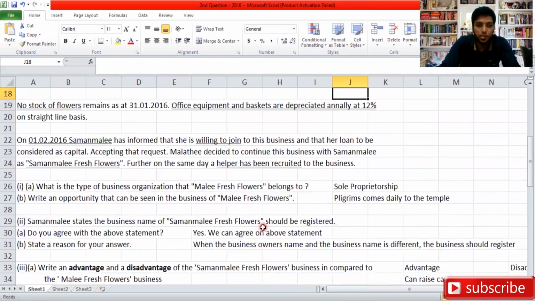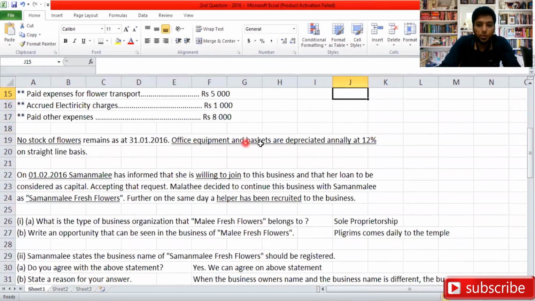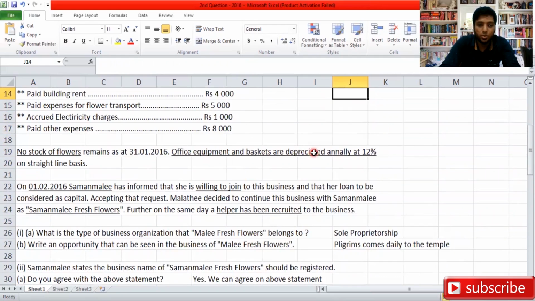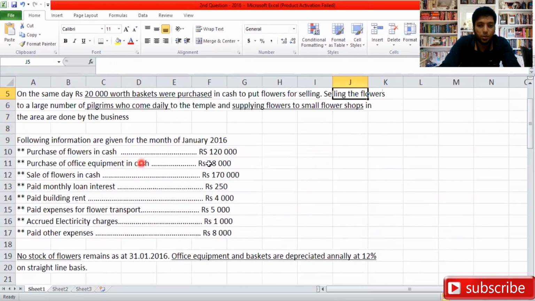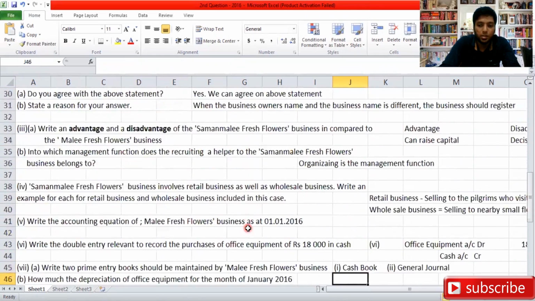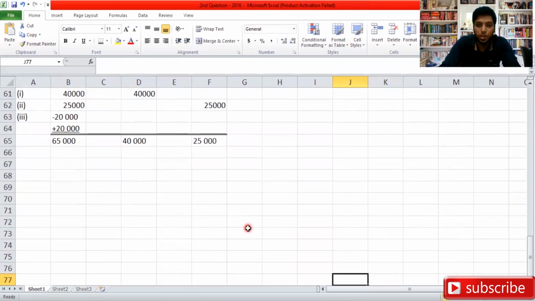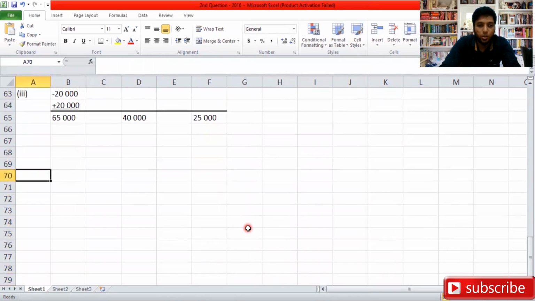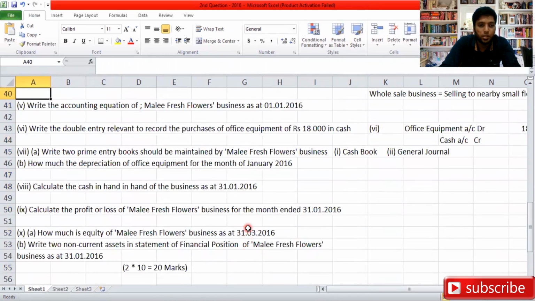Roman number 7. They are saying your office equipment is depreciated at 12%. So what is your office equipment cost? You purchased office equipment for 80,000. So 80,000 into 12%; you need to see the annual, but now they're asking for monthly. So what is the adjustment number? Adjustment number 7B.